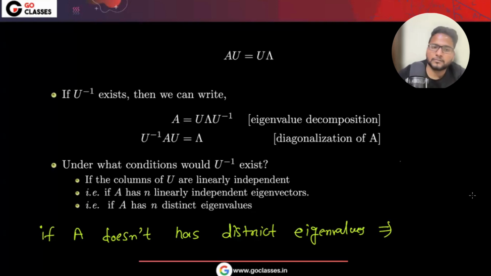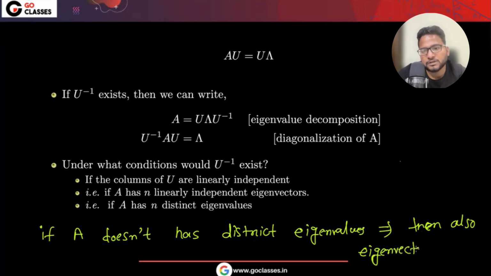Then also the eigenvectors could be linearly independent, right? We have seen this. Do you remember this? How many of you remember? If the eigenvalues are different, then definitely the eigenvectors are linearly independent.